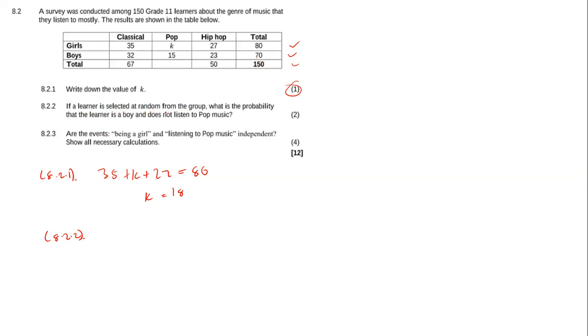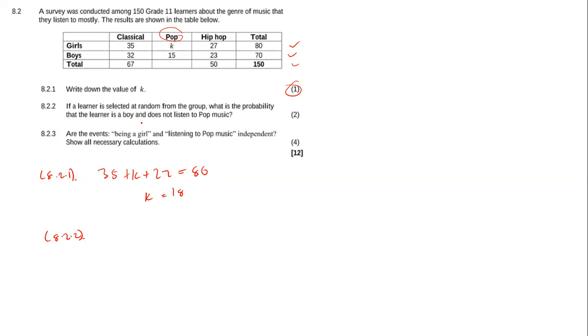If a learner is selected at random from the group, what is the probability that the learner is a boy and does not listen to pop music? If the learner does not listen to pop music, what does the learner listen to? That means the learner listens to either classical or hip hop. Can you see that?